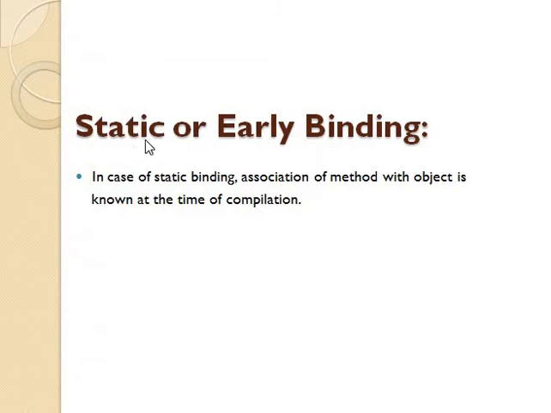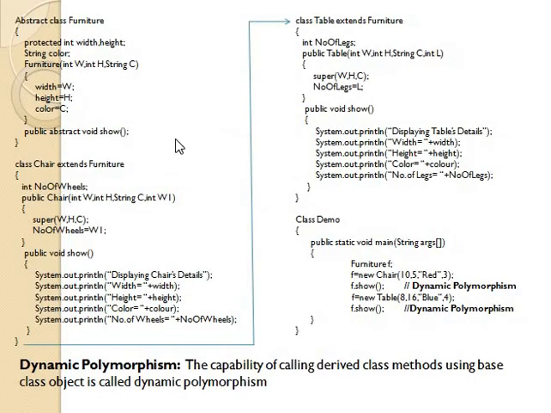Now let's come to the next topic, which is static or early binding. In case of static or early binding, the association of method with object is known at the time of compilation. Now, what do you mean by compilation? The compilation is a process when the data members inside a class have been allocated certain memory for assigning values to it.